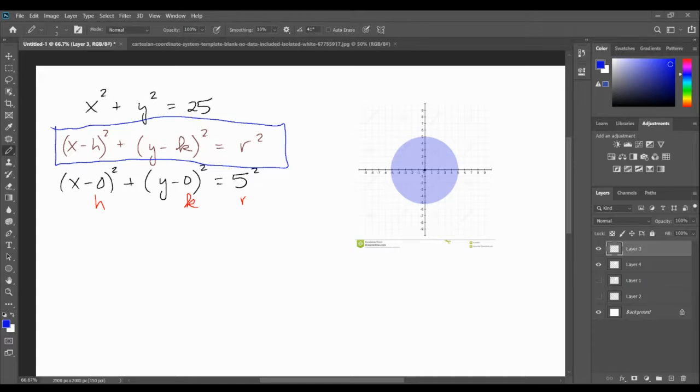Yeah, that helps me. I guess what my confusion was is the first equation that I did had the whole thing, the x minus h and the y minus k. But then when I came to the x squared plus y squared, that threw me off for a bit. And that's why it took me so long to recognize what I was looking at.